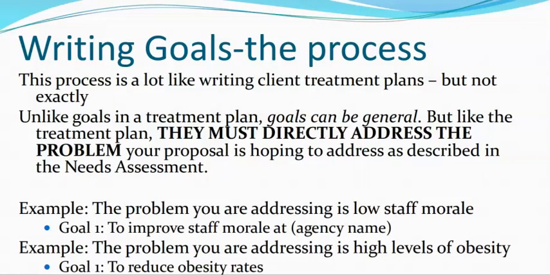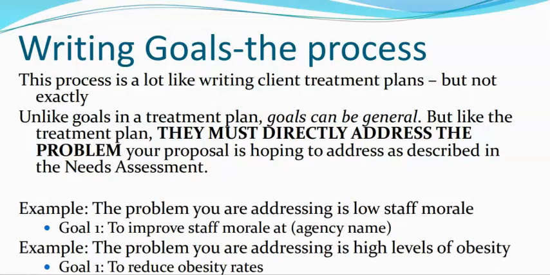Rule of thumb in terms of writing, generally you have usually a minimum of 3 broad goals, and under each of those goals there's usually a minimum of 3 objectives. That's not a hard and fast rule, but that's generally how many proposals are written.